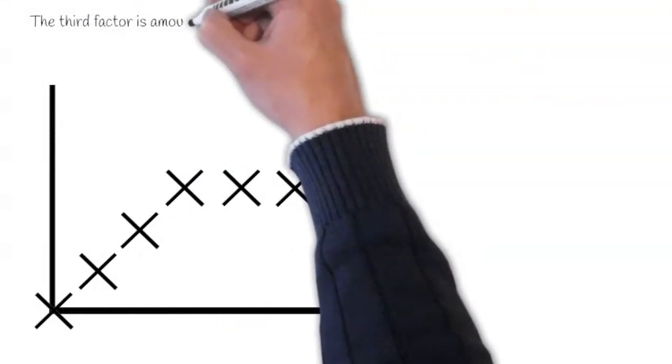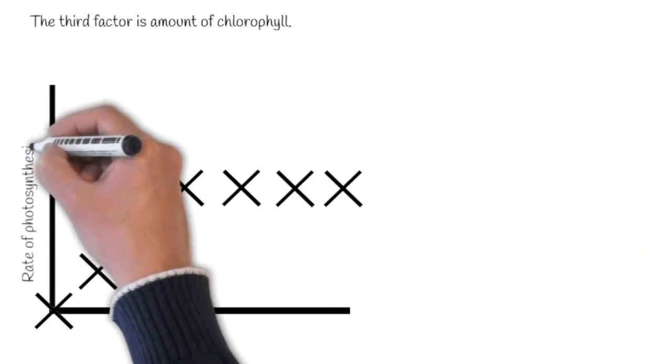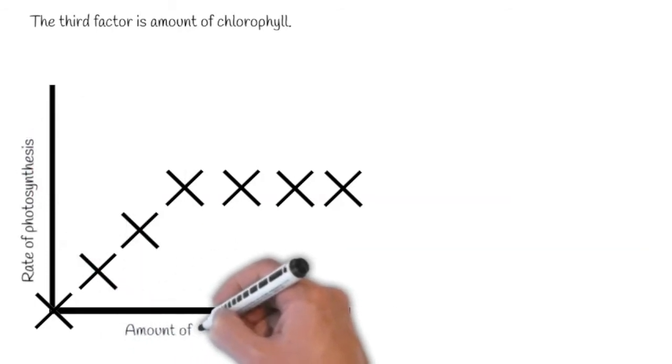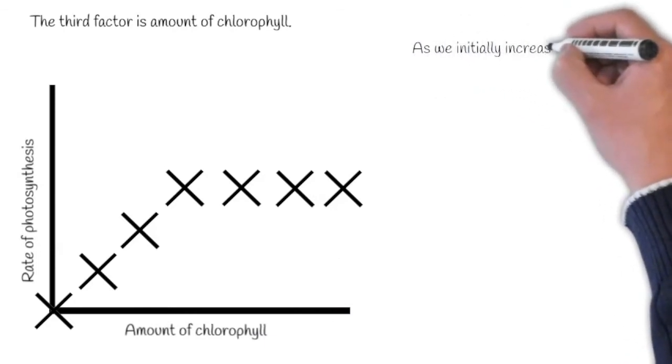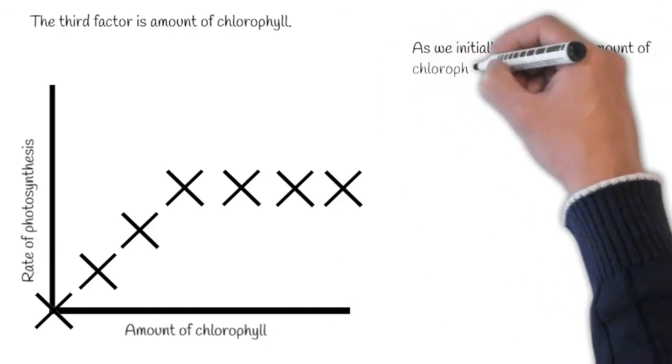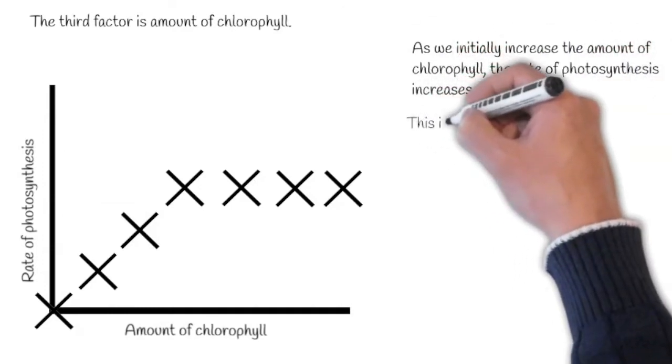Another factor that affects the rate of photosynthesis is amount of chlorophyll. Here's a graph to show that now. As we initially increase the amount of chlorophyll, the rate of photosynthesis increases.